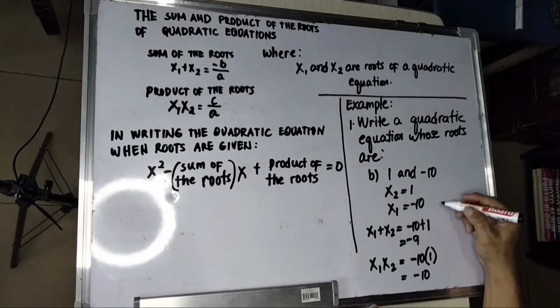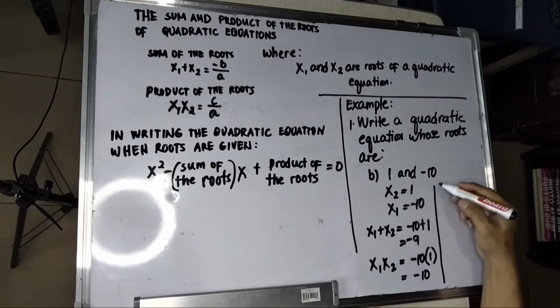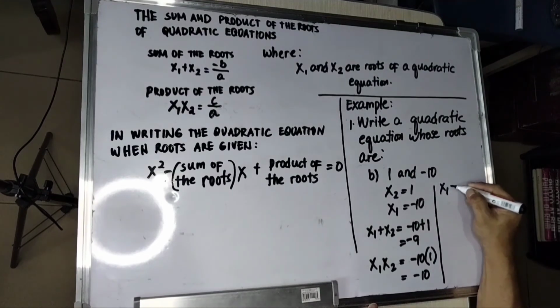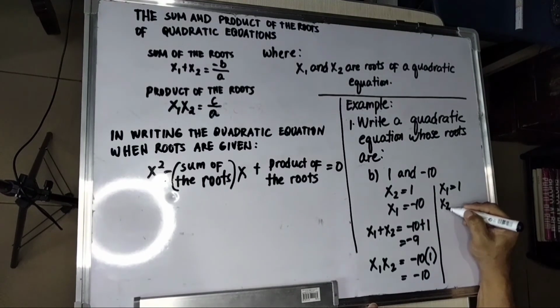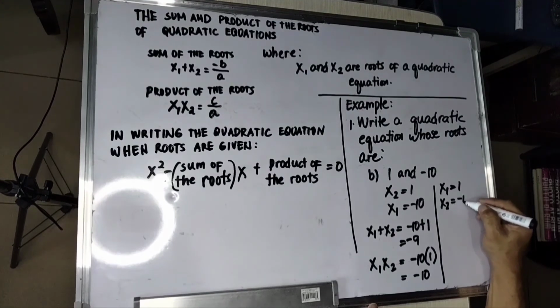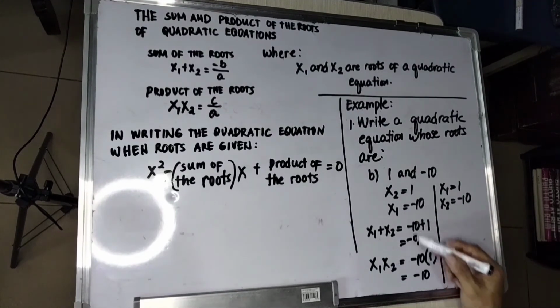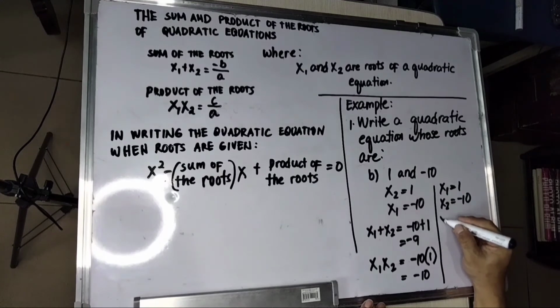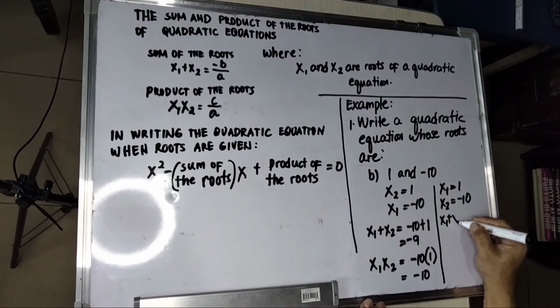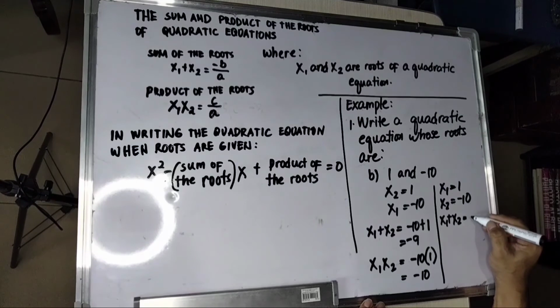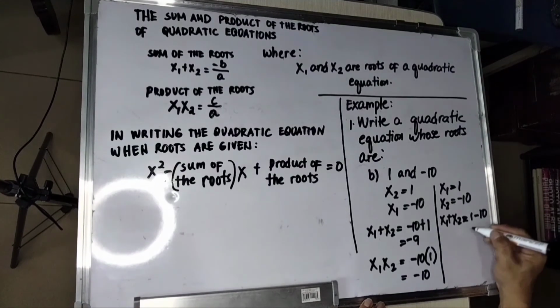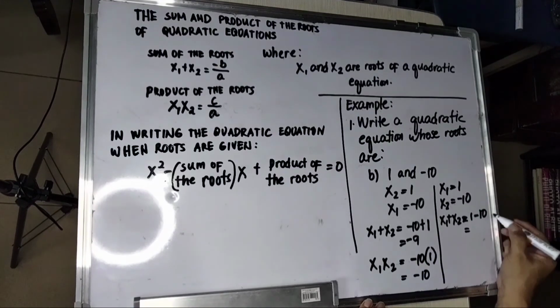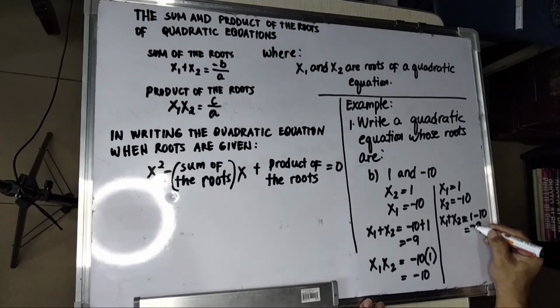Okay, let's try if x sub 1 is 1 and x sub 2 is negative 10. Will we arrive at the same answer? Okay, let's try. x sub 1 plus x sub 2 equals x sub 1 is 1 minus 10. The signs are different, so subtract the numbers. 10 minus 1 is 9. 10 is greater than 1, so get the sign of 10, which is negative.